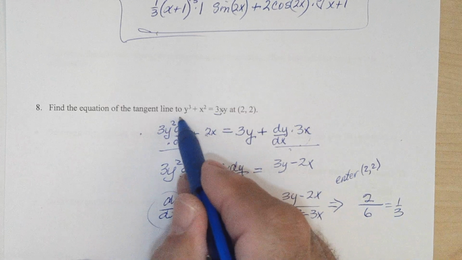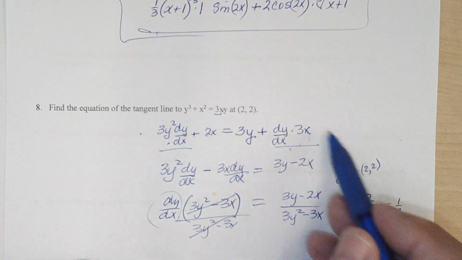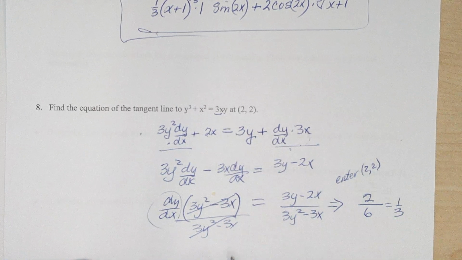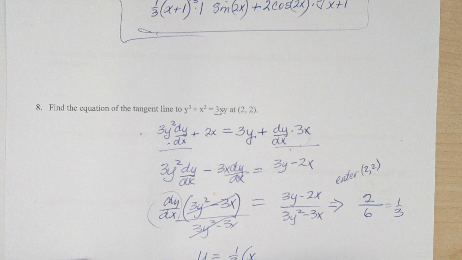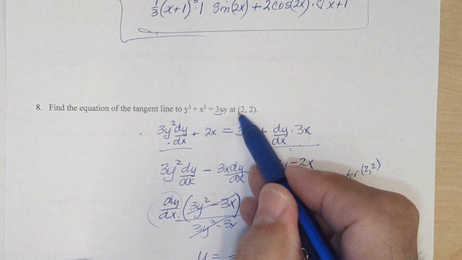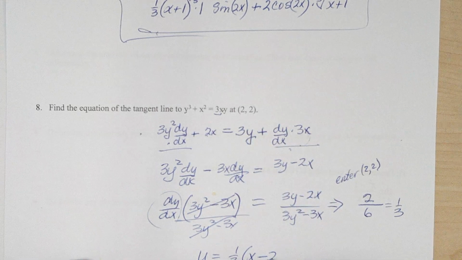So the slope of this curve at the point (2, 2) should be 1/3. So my tangent line is going to be y equals 1/3 x, and I'm concerned at 2 for the x, plus y at there is 2.